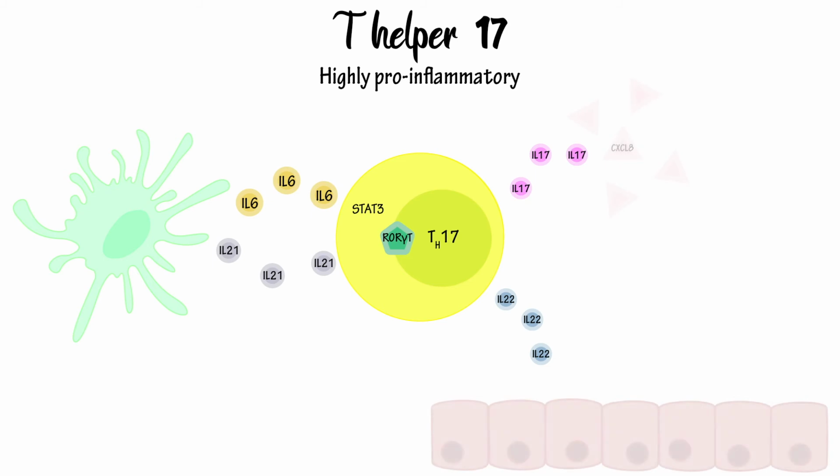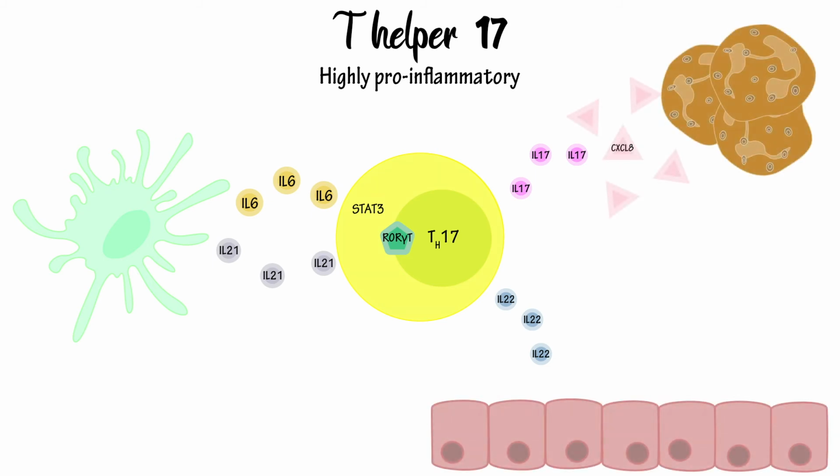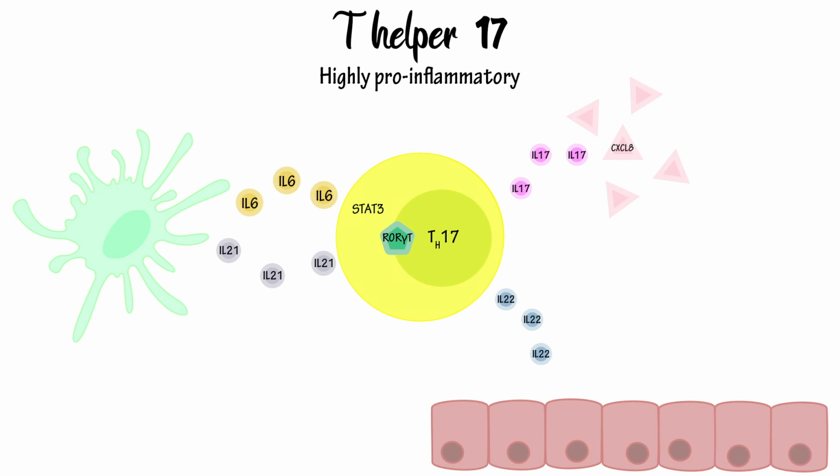IL-17 increases neutrophil recruitment, so more neutrophils are in the infected area. IL-22 acts on epithelia, encouraging it to secrete defensins, which are antimicrobial peptides that neutralize pathogens. The T helper 17 subtype plays a key role in many inflammatory diseases like inflammatory bowel disease and rheumatoid arthritis.